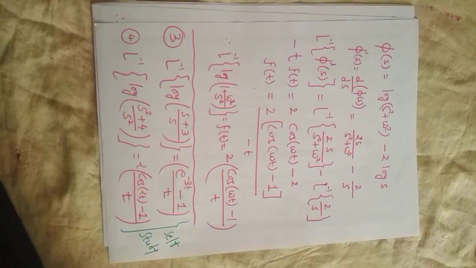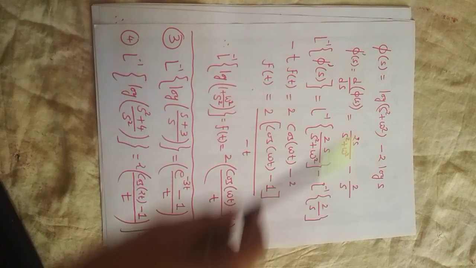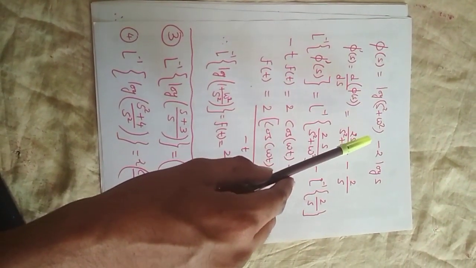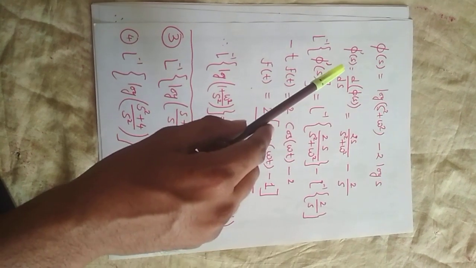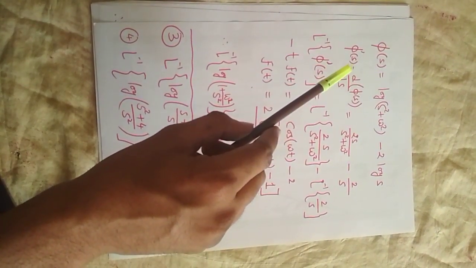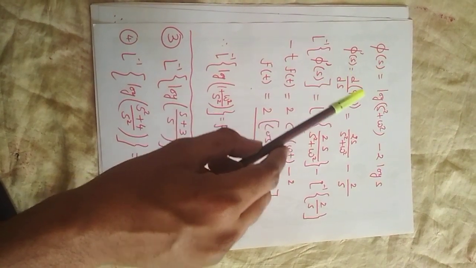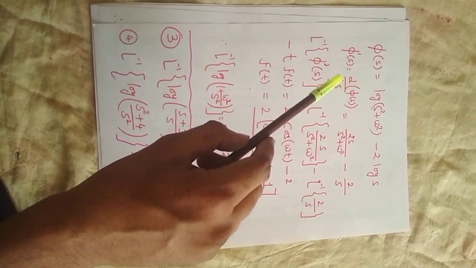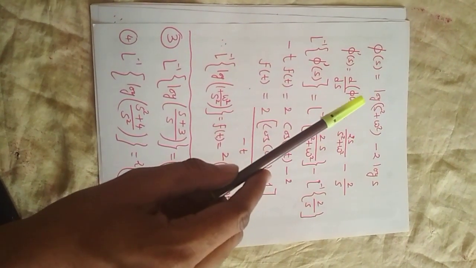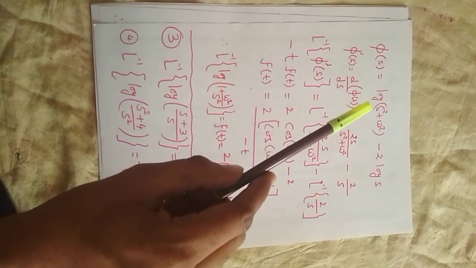Now taking the derivative of both sides of phi of s equals log of (s square plus omega square) minus 2 log of s, differentiating with respect to s, we get phi dash s, that is the derivative of phi of s, equal to: what is the derivative of log of (s square plus omega square)?